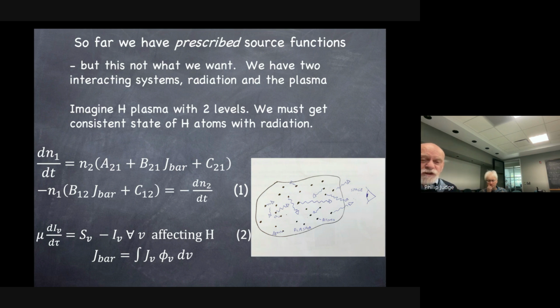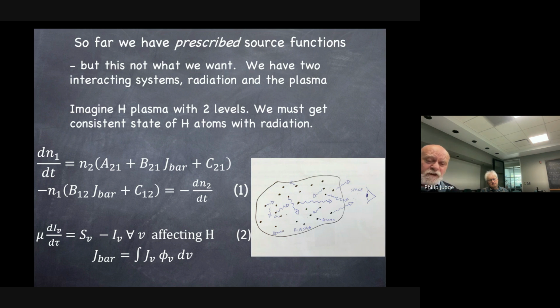And you would say, well, let's fix the number to be 10 to the 8 of them, say, hydrogen atoms in a volume. And then you add, so the sum of N1 and N2 is then 10 to the 8. And then you use this equation here to say, well, we want to know the ratio between N1 and N2 as well. So we'll use two equations. One is the absolute number of them, and the second one is this one, saying what's the ratio.